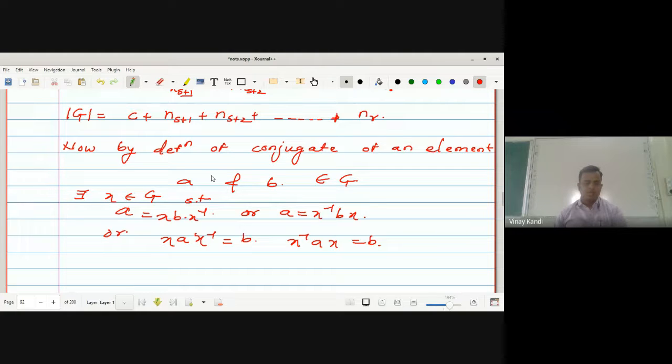Okay, the two elements are said to be conjugate to each other if there exists an element x belongs to G such that A is equal to x b x inverse. Okay, then the two elements are conjugate. Okay, do you understand now?